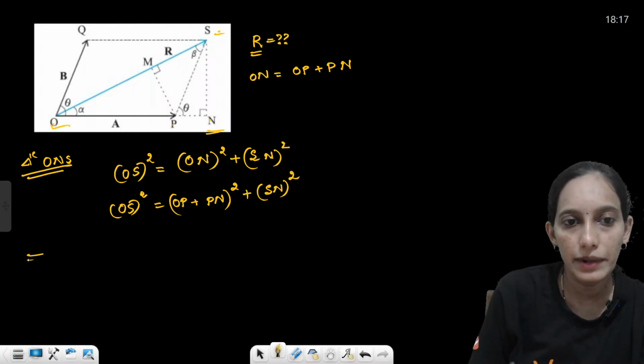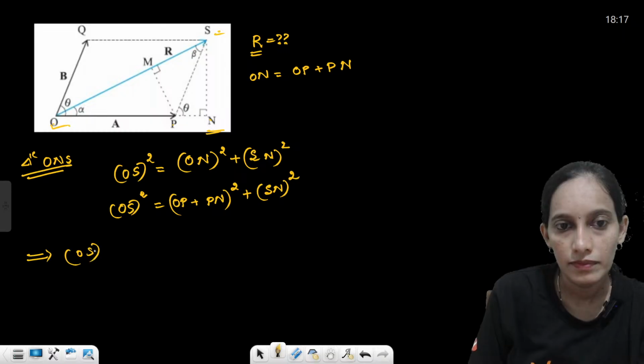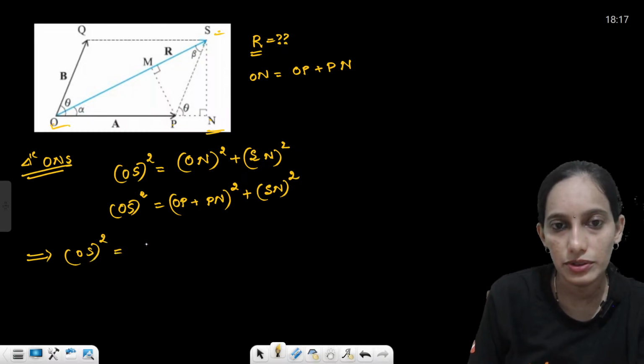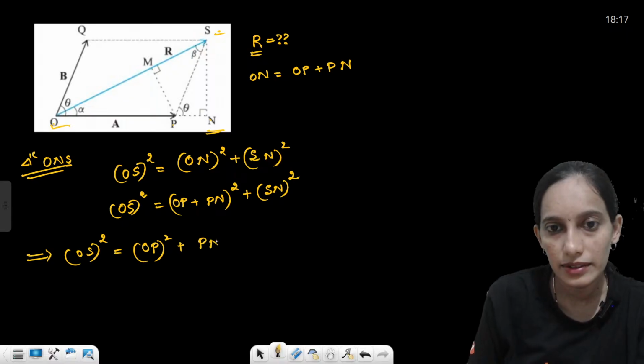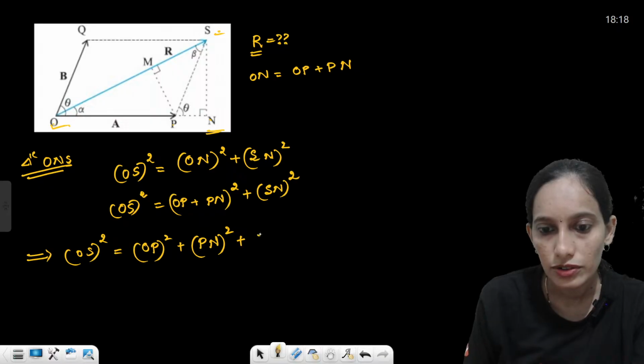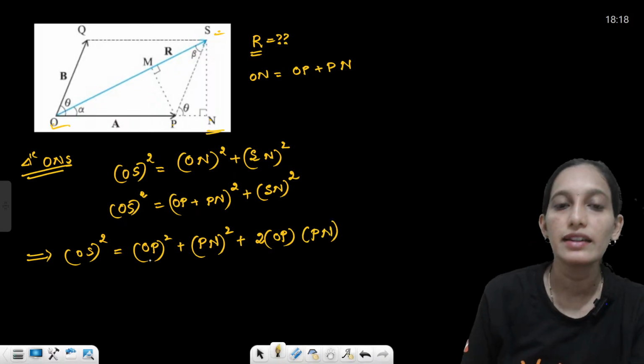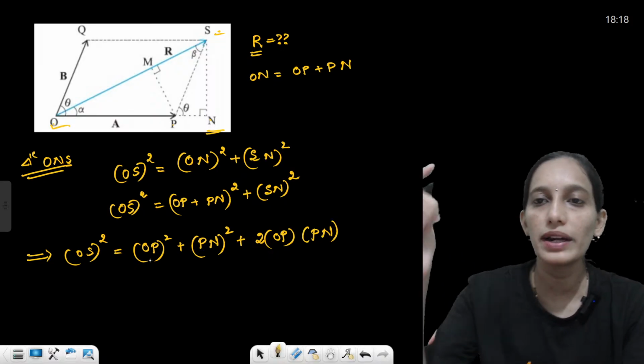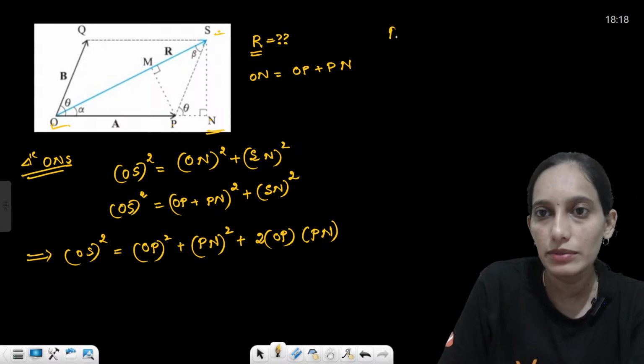Now let's expand: OS square is equal to OP square plus PN square plus 2 times OP plus PN.